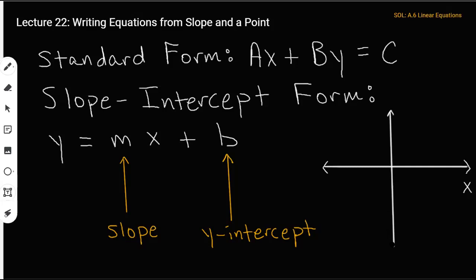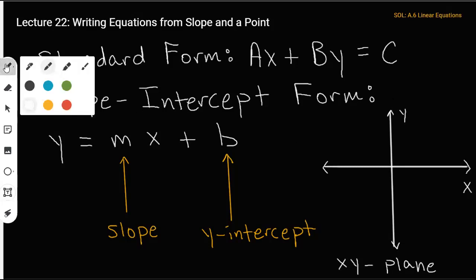So I'm going to put arrows at both ends like I did for the x-axis, but I'm going to put a lowercase y at the top next to this arrow. So this is called the xy plane. So on the xy plane, you can graph lines and all sorts of other functions.